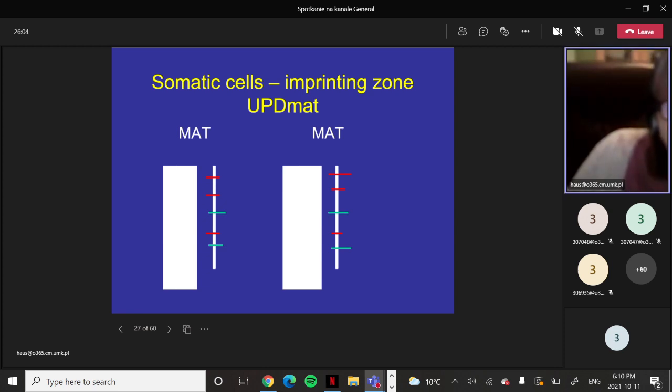And what it can be, for example, maternal UPD, uniparental disomy, which is maternal, both chromosomes originate from mother, so both chromosomes have the same pattern of imprinting, and either both alleles are active or both alleles are inactive in imprinting zone in which only one allele of every gene should be active. Okay.